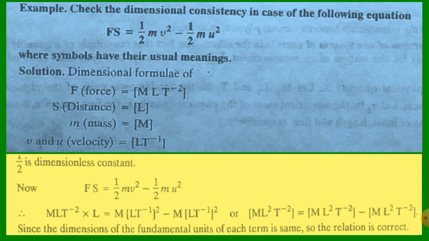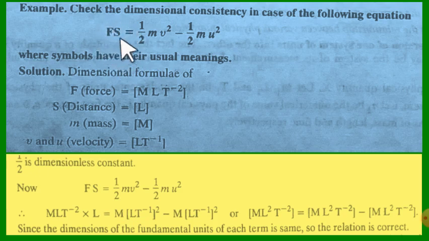Let's see the application in terms of a given formula. Check the dimensional consistency of the following equation: Fs is equal to half mv square minus half mu square, where symbols have their usual meanings. This is force times distance, which is the work done.